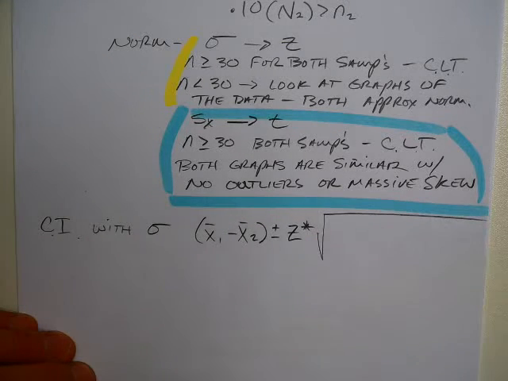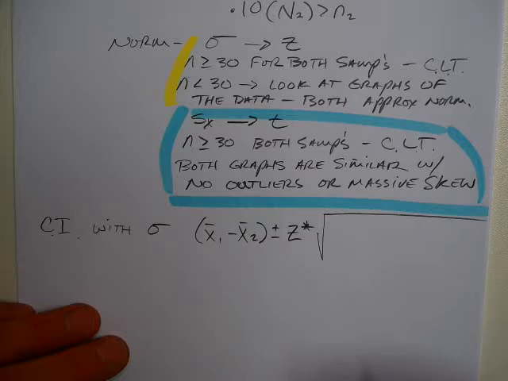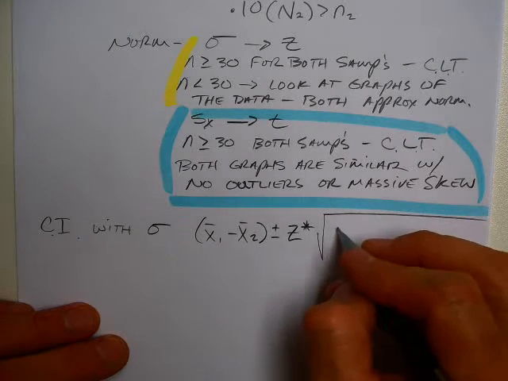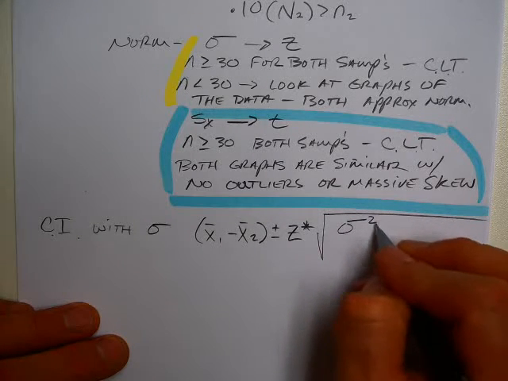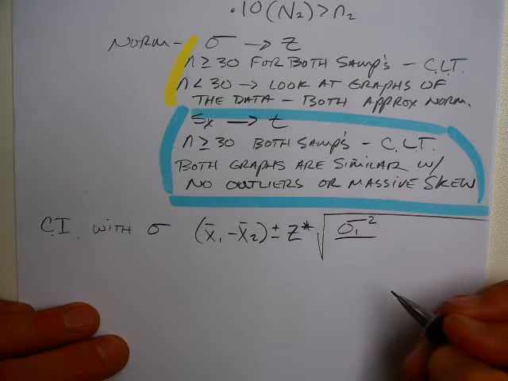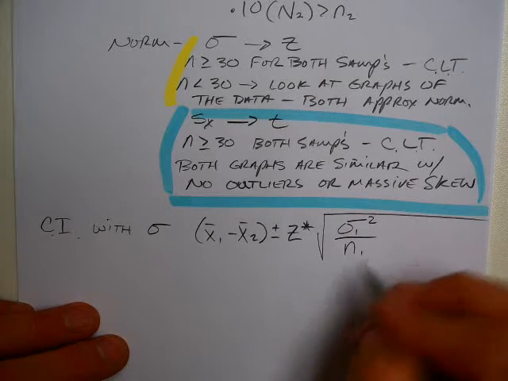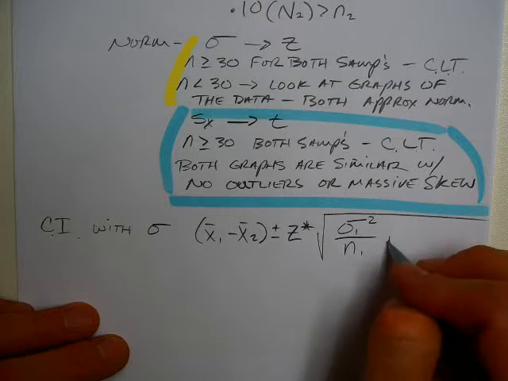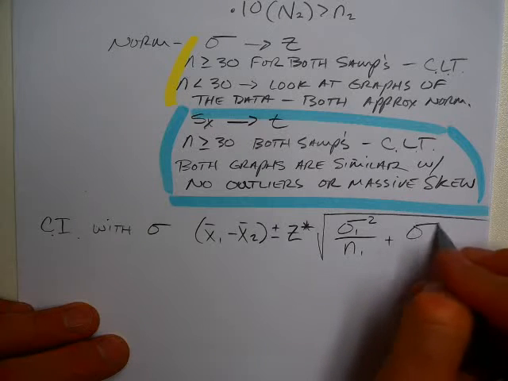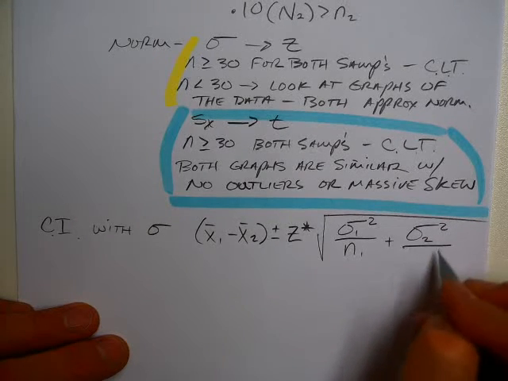I'm not going to give that to you as a separate part, but know that that's what this is. This is the square root of sigma squared from the first sample over n from the first sample plus sigma squared from the second sample over n from the second sample.